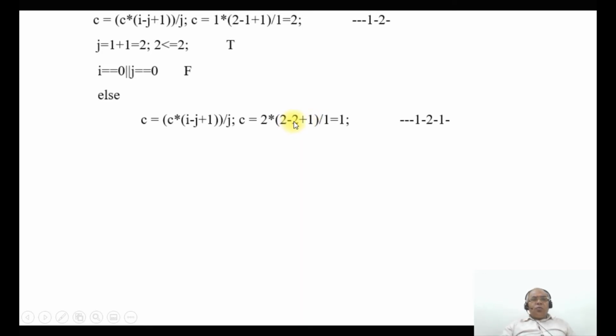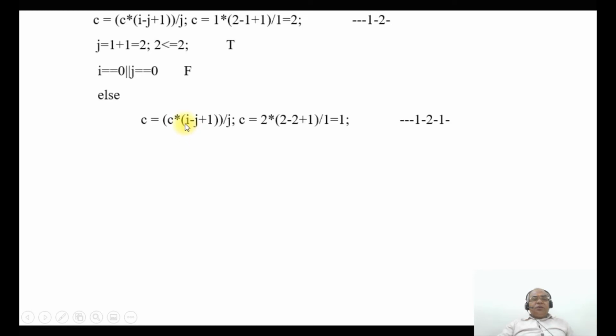2 minus 2 plus 1, it becomes 0 plus 1, it becomes 1, but the value of j here should be 2. Since the value of j should be 2, 2 divided by 2 becomes 1. So the value is 1 and it gives some space, that is after that it is percentage c, percentage d, give 1 space and then c.